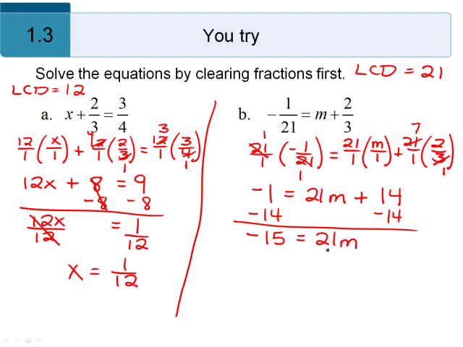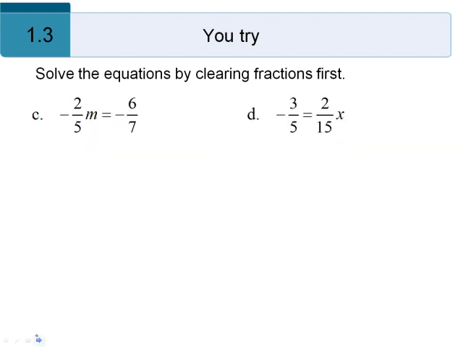Now remember, you're trying to get the m by itself, so divide by 21 on both sides. The 21s are gone. Over here, since the top number's smaller, it's going to be a fraction, but you want to see if you can reduce it. 15 and 21 have a common factor of 3. If I divide the top and bottom by 3, it's going to be negative because there's only one negative sign, and it would be 5 over 7.